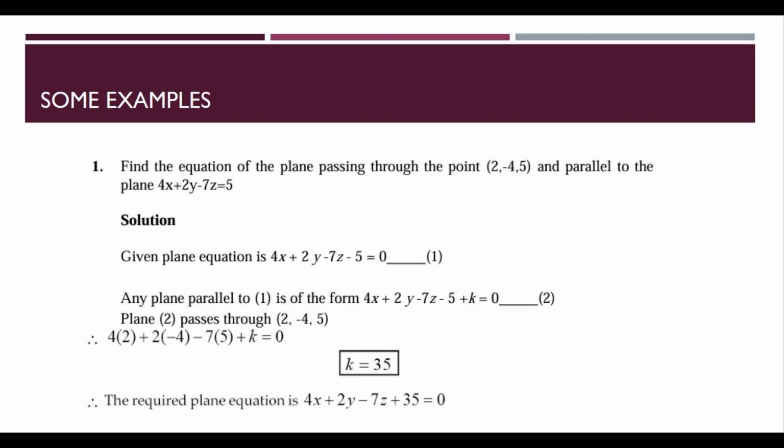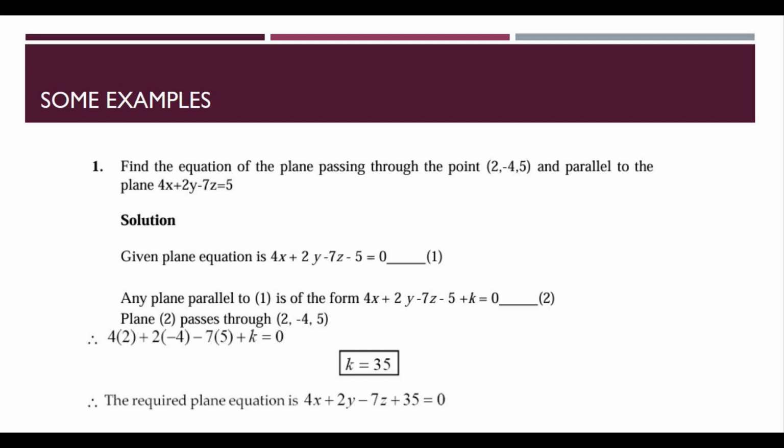First problem: find the equation of the plane passing through the point (2, -4, 5) and parallel to the plane 4x + 2y - 7z = 5. First, the given equation is 4x + 2y - 7z - 5 = 0. Next, any plane which is parallel to equation 1 is of the form 4x + 2y - 7z - 5 + k = 0.